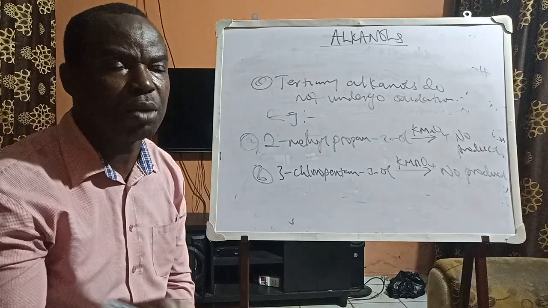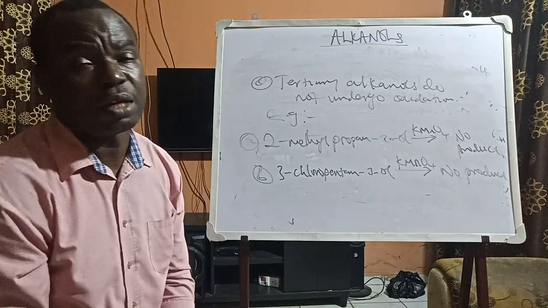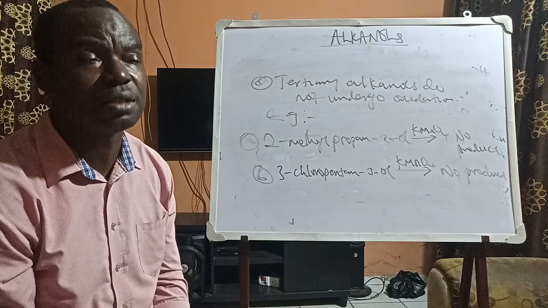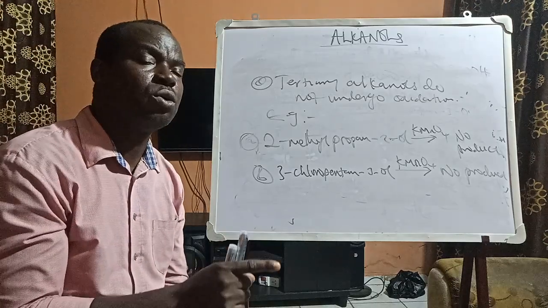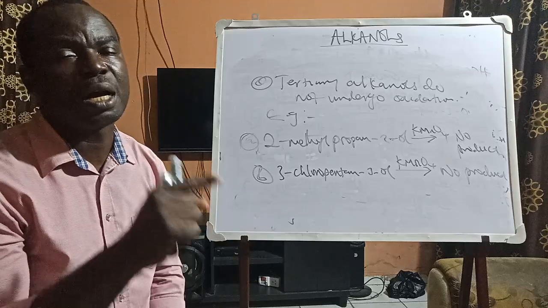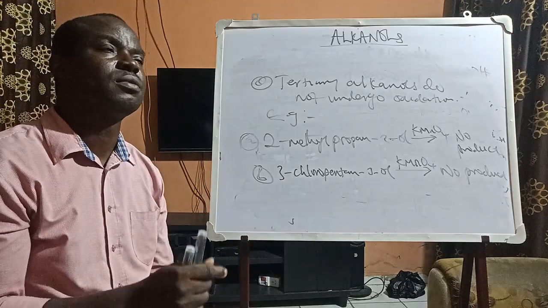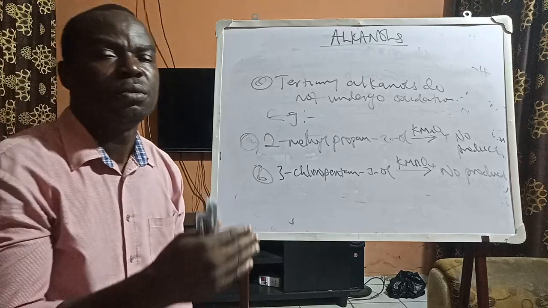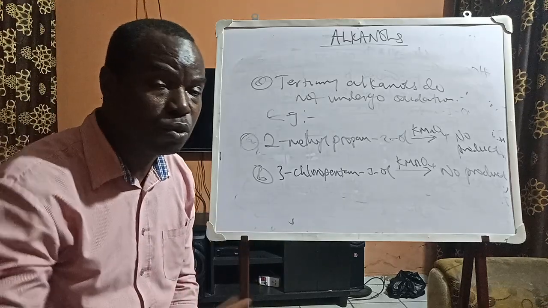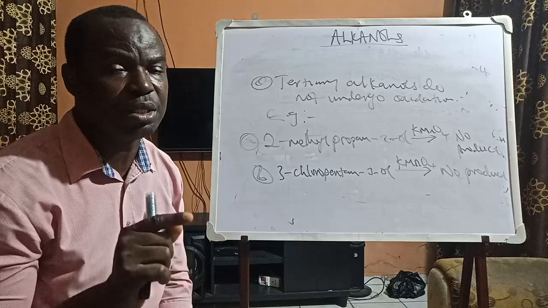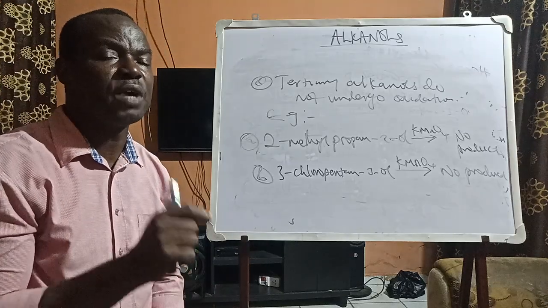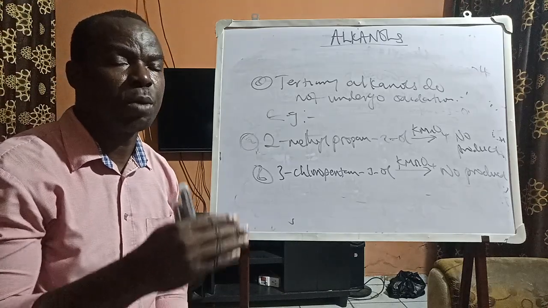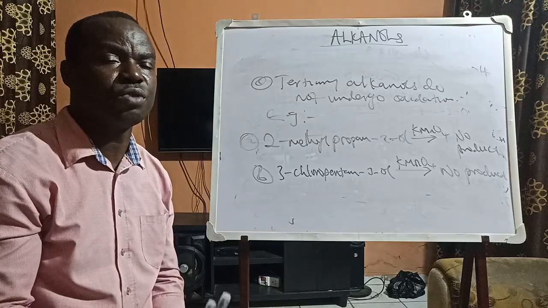Now we've talked about oxidation of the 3 types of alkanols. Remember what I said? Primary alkanols undergo oxidation to form alkanals and alkanoic acids. Secondary alkanols undergo oxidation to form alkanones. Tertiary alkanols do not undergo oxidation. I've explained it now. So I believe you can identify a primary alkanol if you see secondary and tertiary.